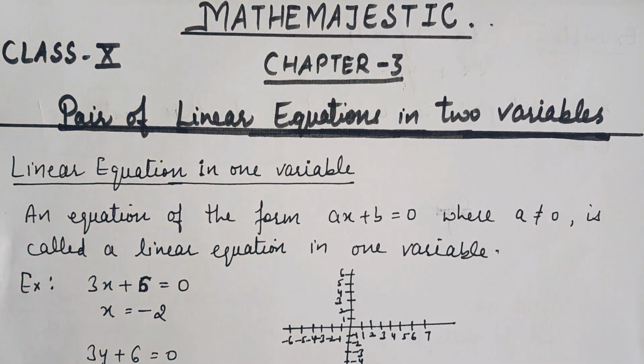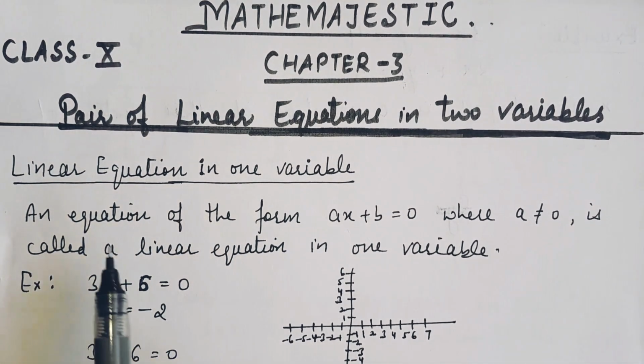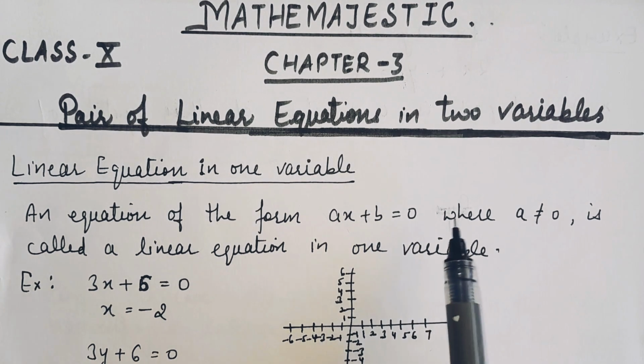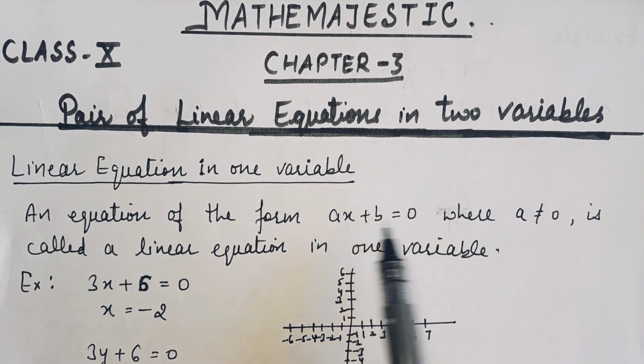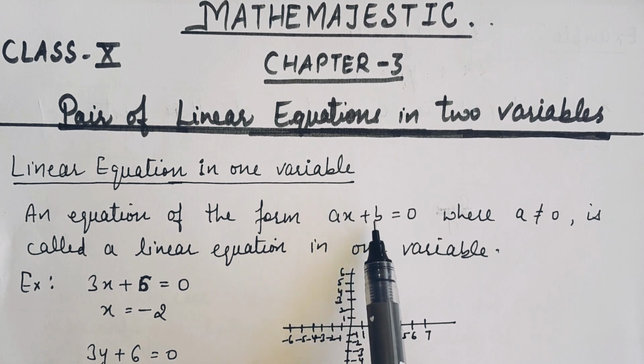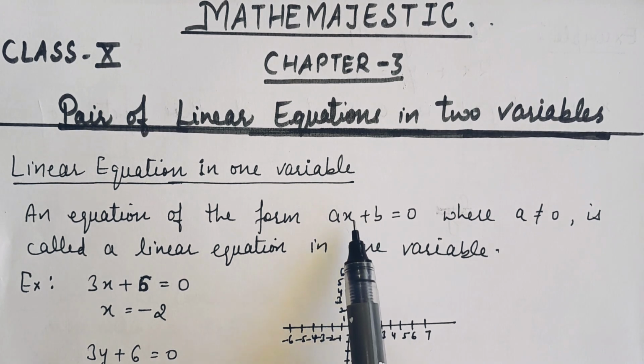So basically the definition of a linear equation is an equation of the form ax plus b equals to 0, where a is non-zero, a and b are real numbers and x is a variable.